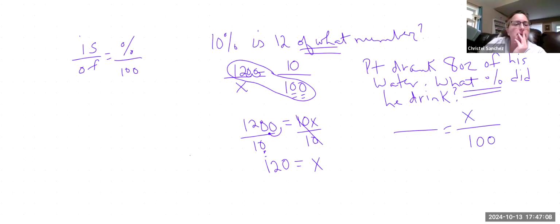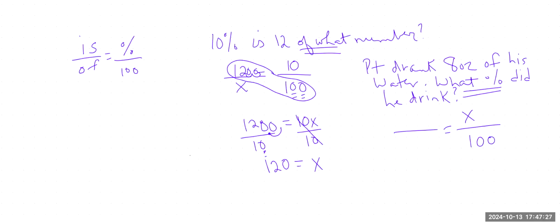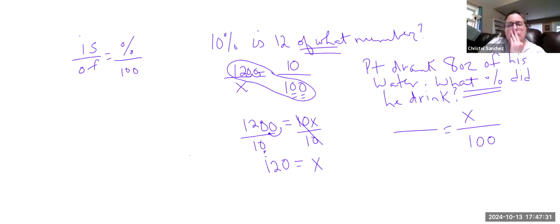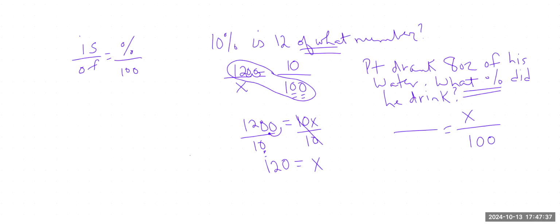You know what? Wait, I don't think I worded this one right. Hold on a second. I'm missing a number. Is 8 ounces the, or no? I think I'm missing a number. I'm trying to see how I need to, like the size of the water bottle.